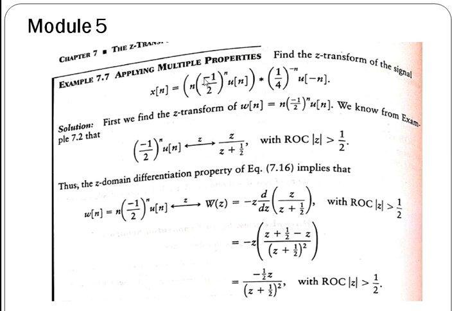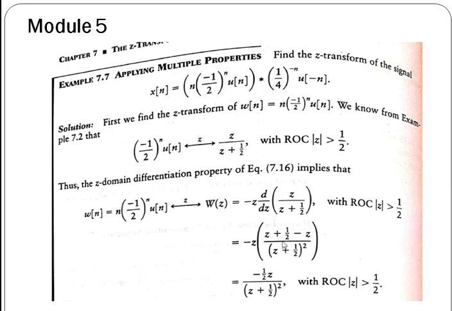Once we know this, let's name it x1 of n. Then n into x1 of n, that is n into (minus 1 by 2) raised to n u of n, its z transform we need to find. The formula is w of z is equal to minus z d by dz of x of z. Now x of z would be z by z plus 1 by 2, so we go for differentiating this one.